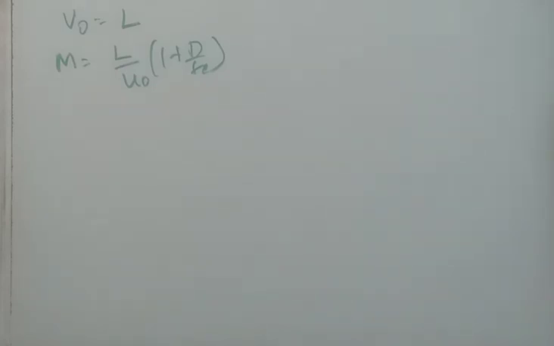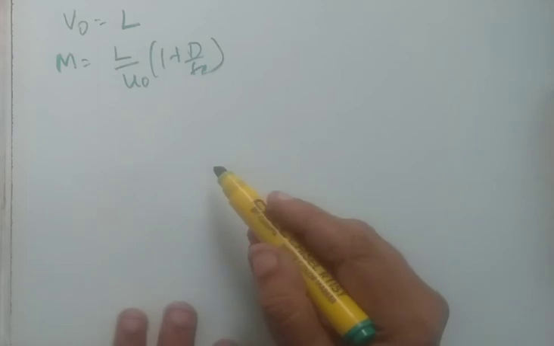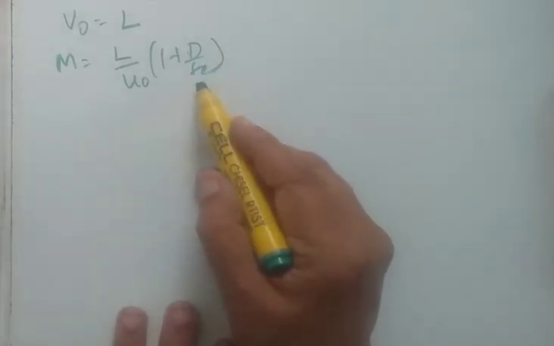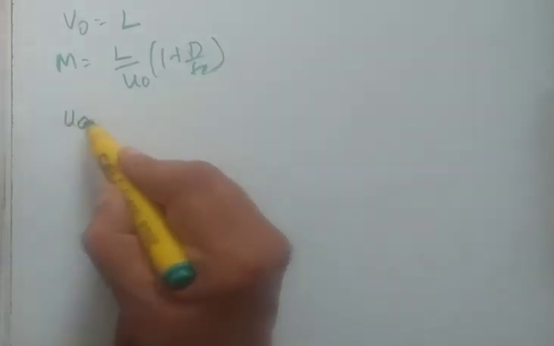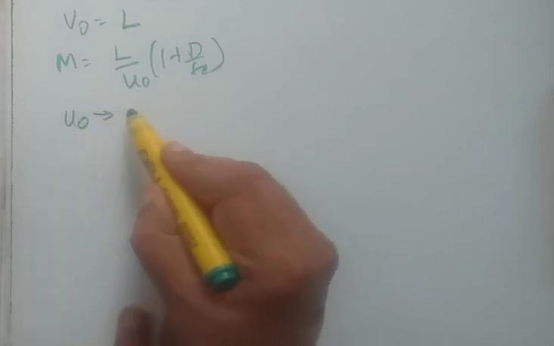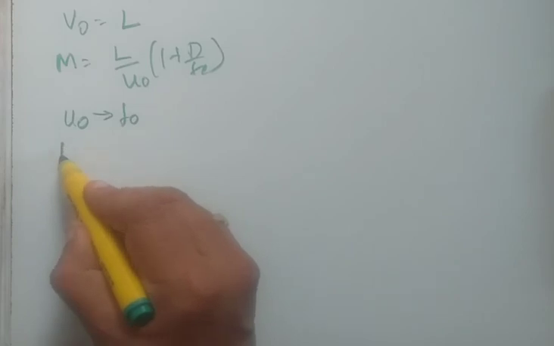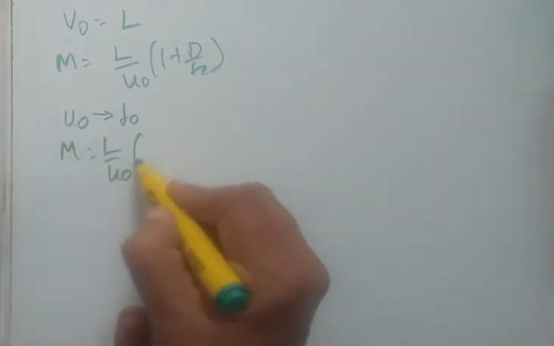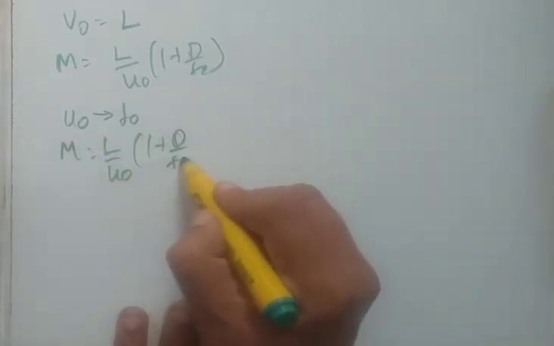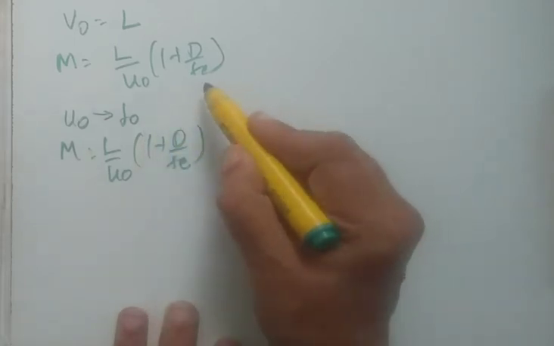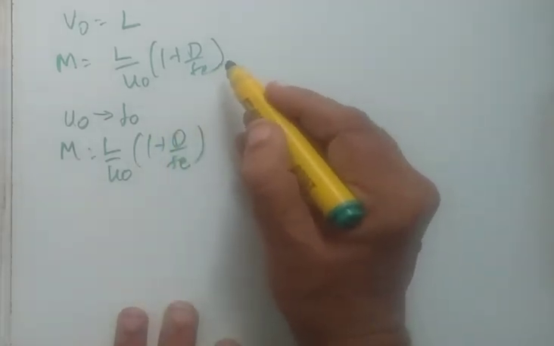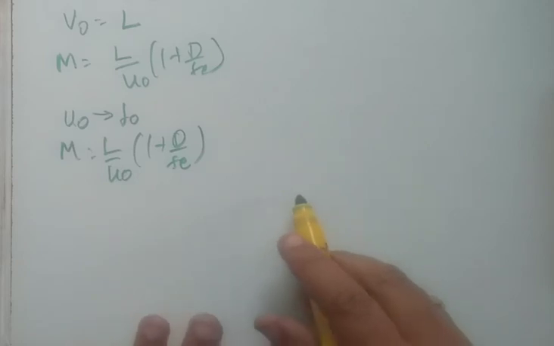The final image is formed at the least distance of distinct vision. Here, as we have taken the object very near to the principal focus of the objective, we can write UO as FO. M equals L by UO into 1 plus D by Fe.